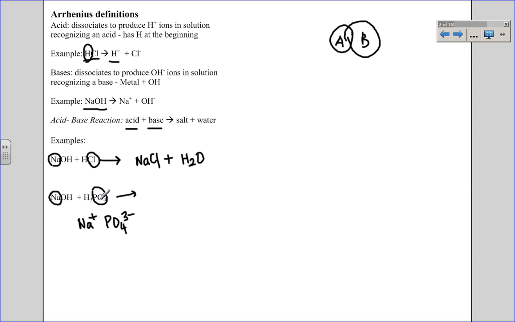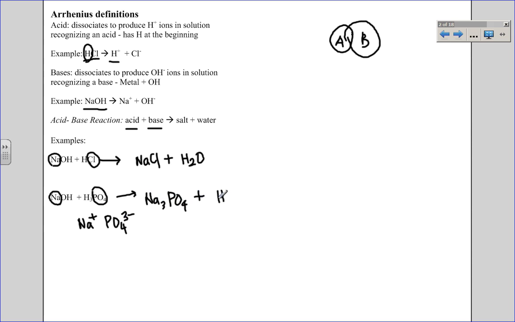And the phosphate, as you can see from the reverse crossover method or from knowing your polyatomic ions, has a -3 charge. We're going to do the crossover method here, and we are left with an ionic compound of sodium phosphate, Na3PO4.